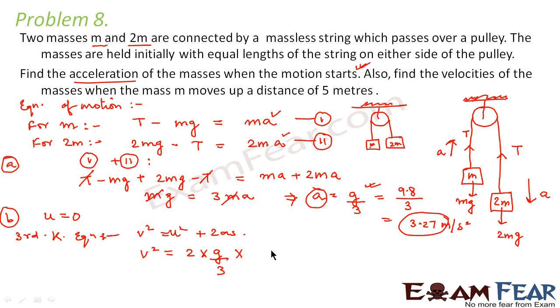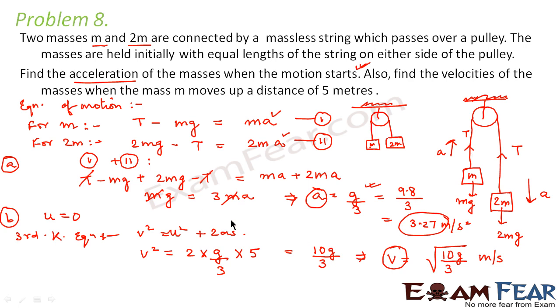Now what is s? s is 5 meters. So we get 10g by 3. That is, we find the value of velocity is equal to root over 10g by 3. We can calculate the value and hence we get the value of v, the velocity after this mass has moved a distance of 5 meters.